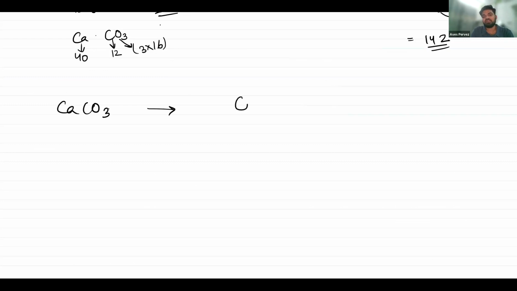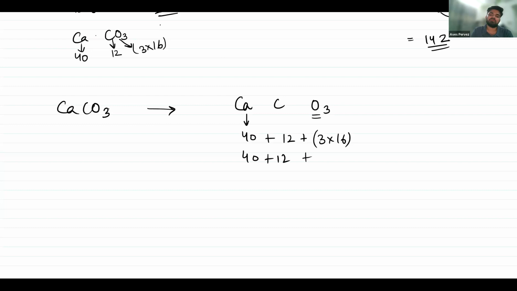Then Ca, then C, then O and 3. The mass is 40 plus 12 plus 3 into 16, which is 48. You add these two, you get 60 plus 40, which is 100. Understood?